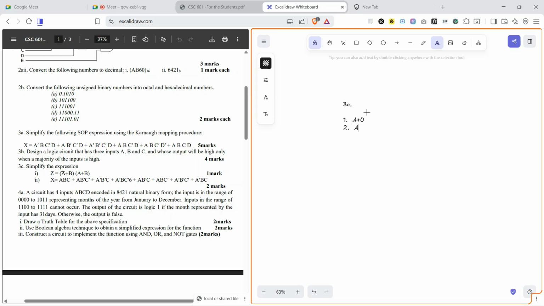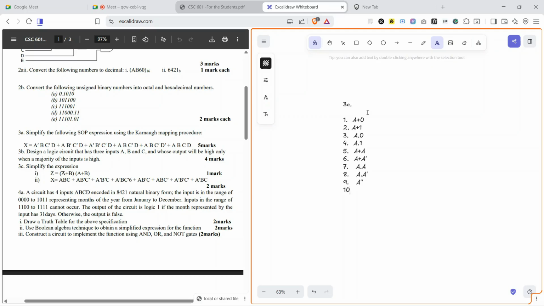So we have A plus 0, A plus 1, A dot 0, A dot 1, A plus A bar, A dot A bar, A dot A, then A bar bar.